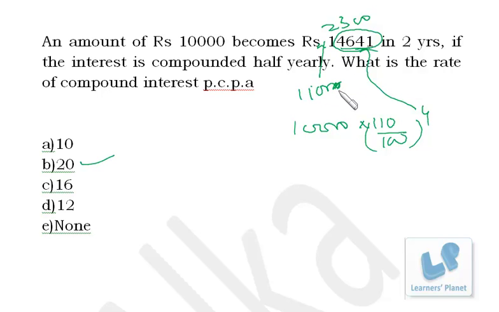Or if you see per annum, if it is 2300, that means it has to be around 20%, and because it is compound interest it will be a bit more than 20%, right? So 20% of 10,000 is 2,000 and it is a bit more than that. That means we are correct. So 20% is the correct choice, okay, for per annum.